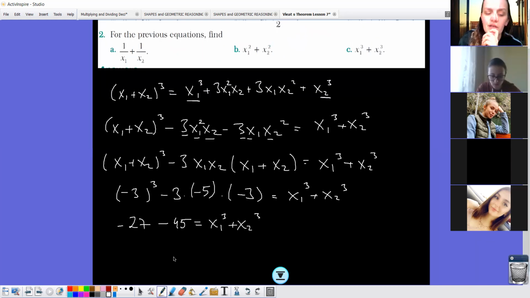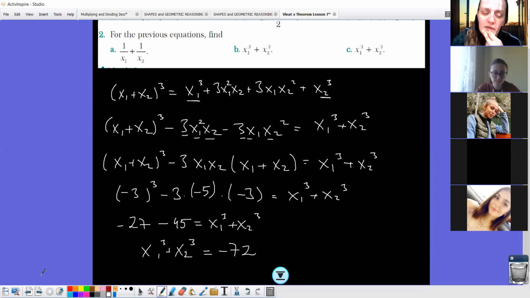Then their sum will be minus 72. Okay, x1 cube plus x2 cube is equal to minus 72. And we are finishing the question here. It's okay? Yes.